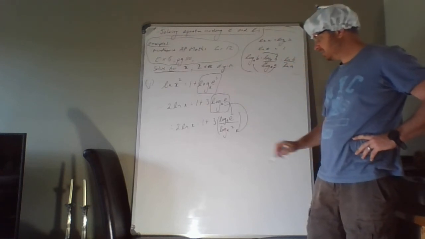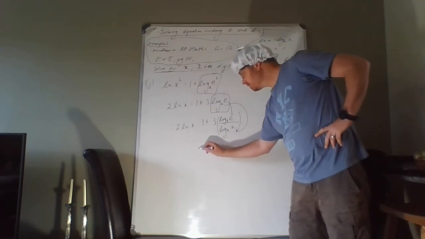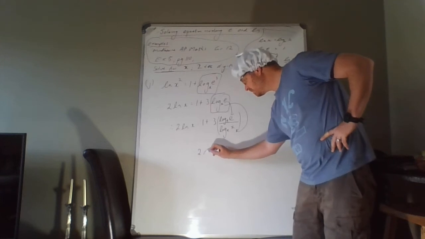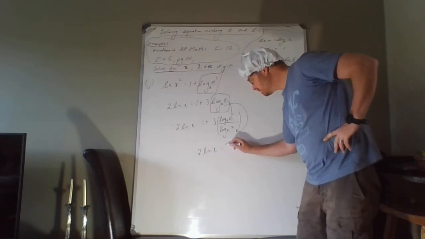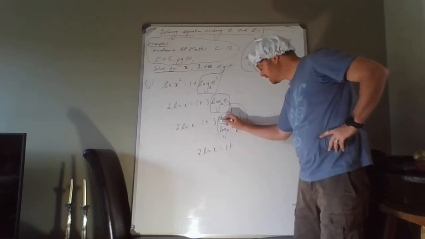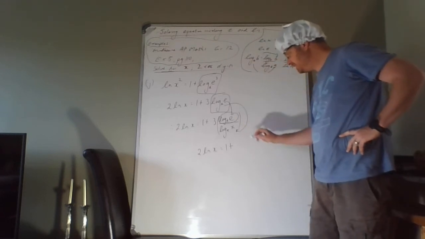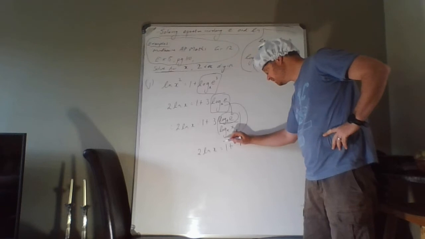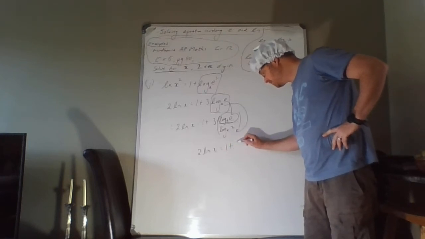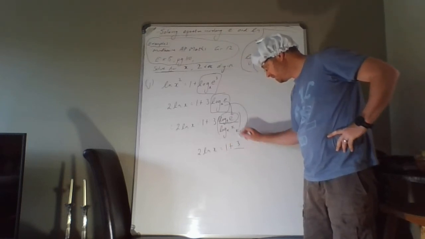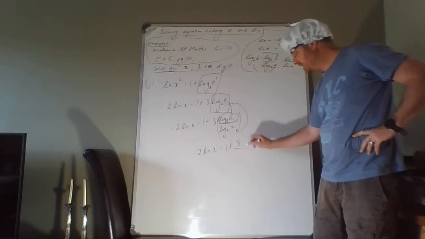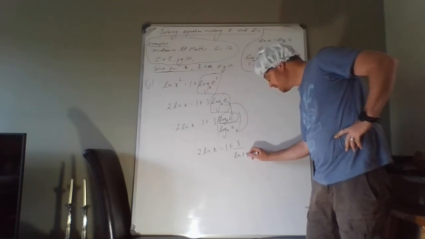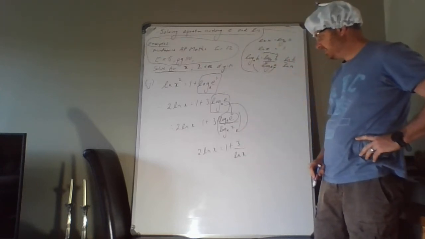So I end up with 2 ln x is equal to 1 plus, well, log base e of e, in other words, ln e is just equal to 1. Sorry, I've still got that 3 at the top, so 3 times 1 is 3, and that is simply ln x, log x base e is ln x.